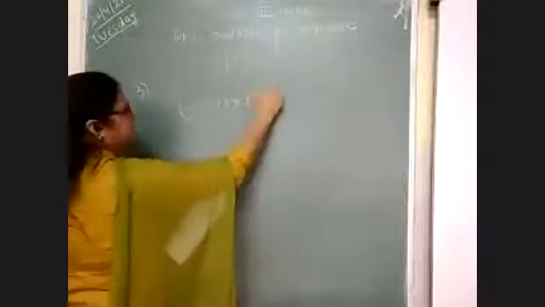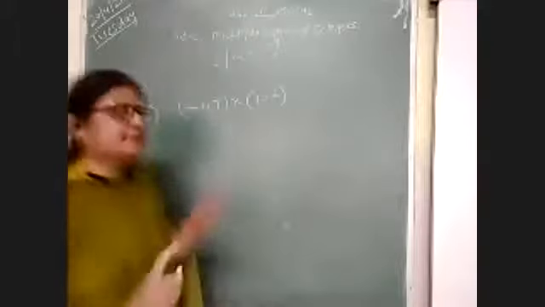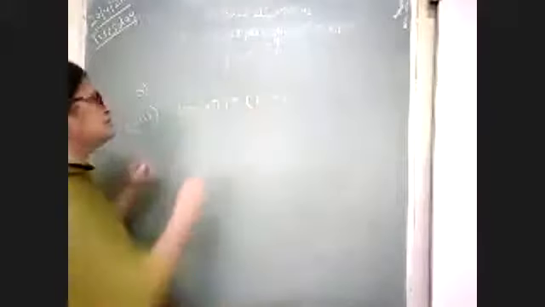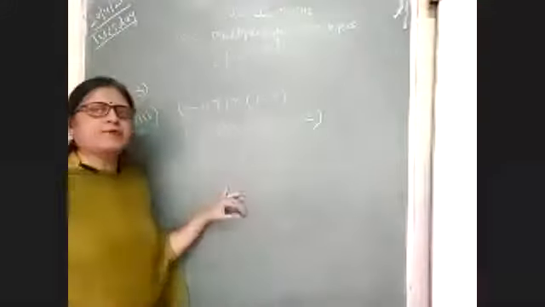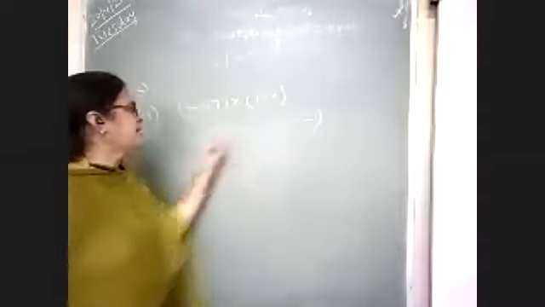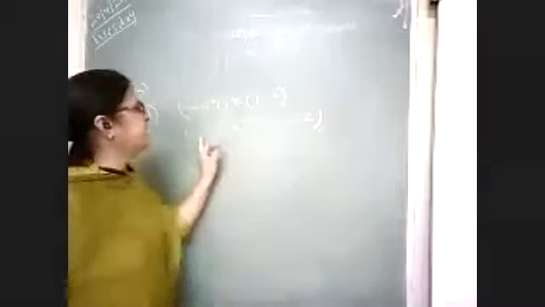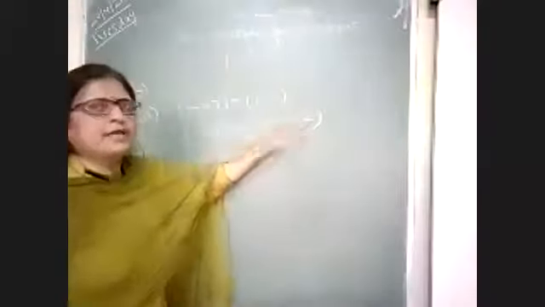Minus 47 into 102. One more question I am taking. Question number 8. You can split 102 to make it easy. You can write it like this: 100 plus 2. Okay. So first we will multiply 100 by minus 47 and then minus 47 multiplied by 2.